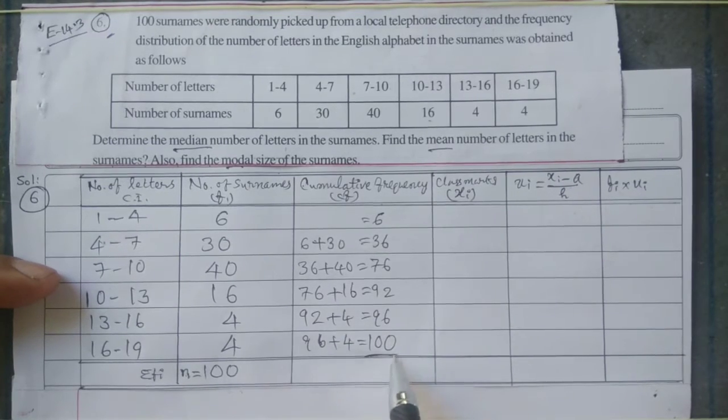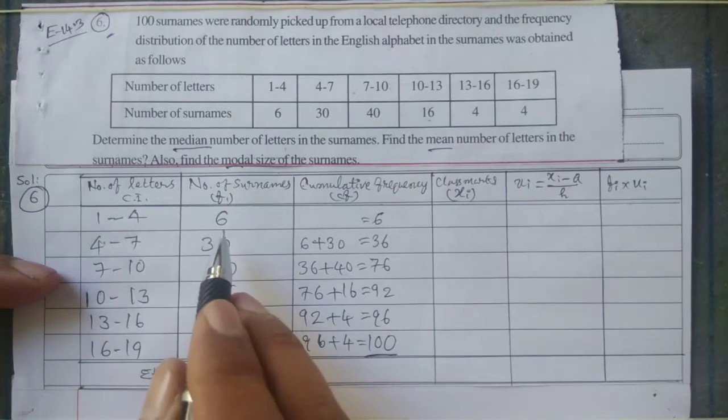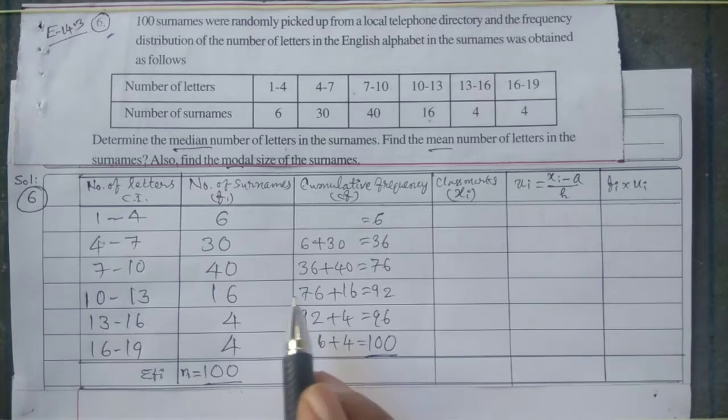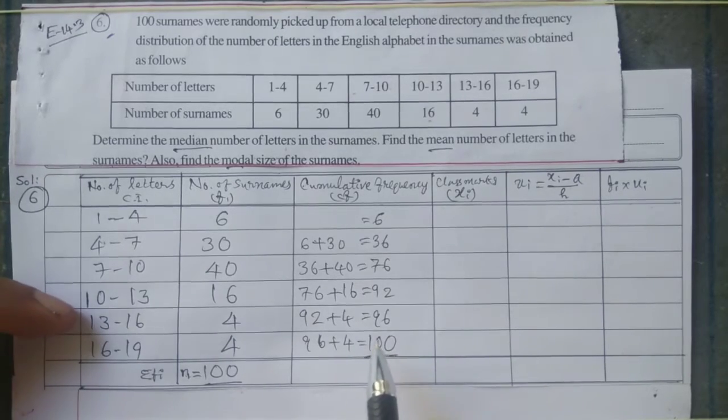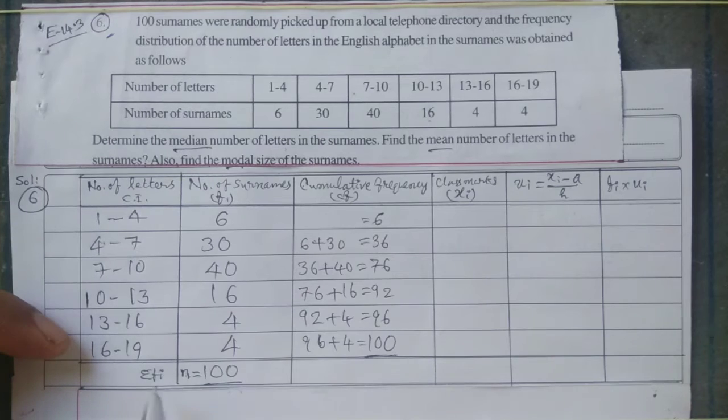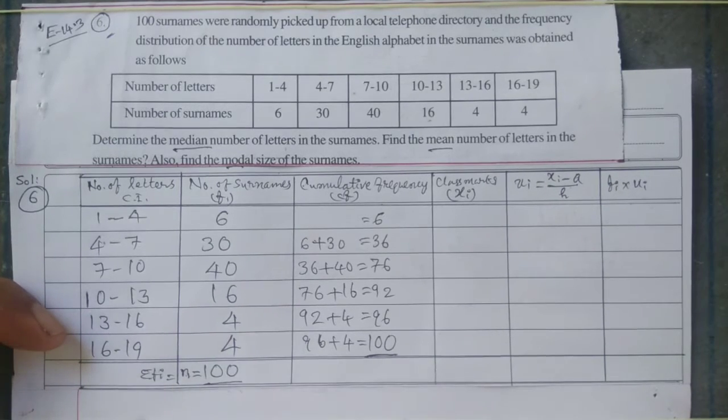So 100. Here also the sum of frequencies is 100. So tally. So this is correct. Here we have the sum of frequencies, that is the total number of frequencies, 100.